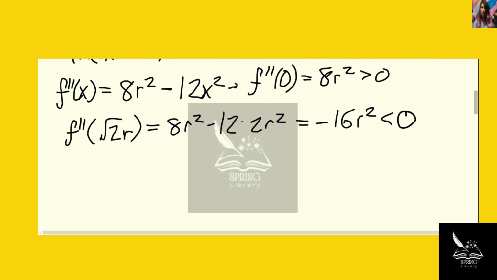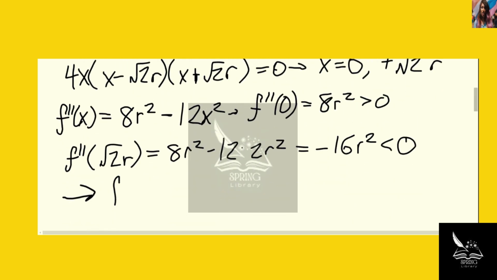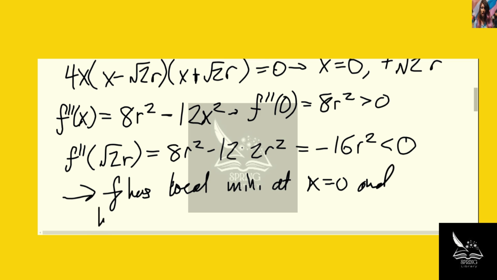Now, because the second derivative of f at 0 is positive, it follows that f has a local minimum at x equals 0 and a local maximum at x equals r root 2.